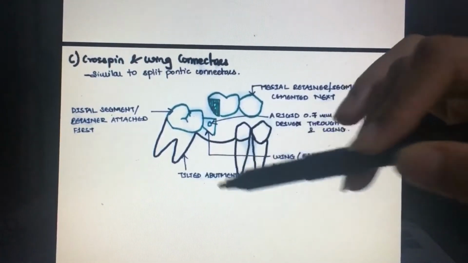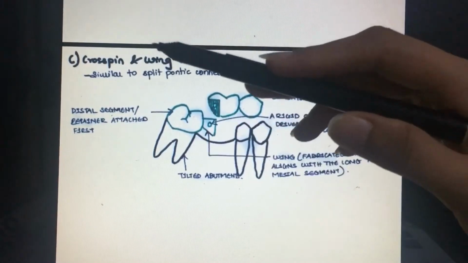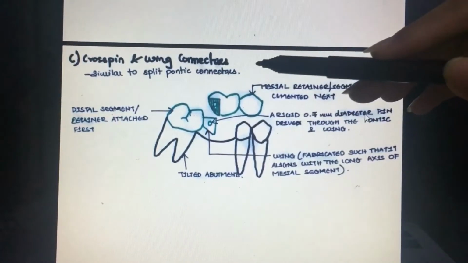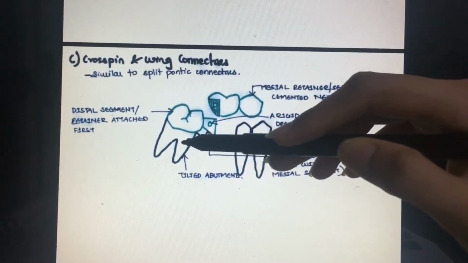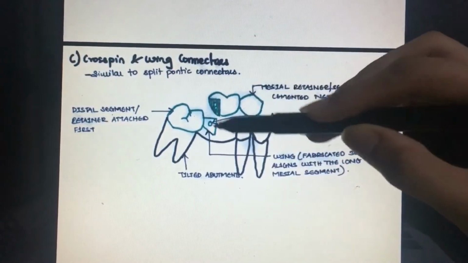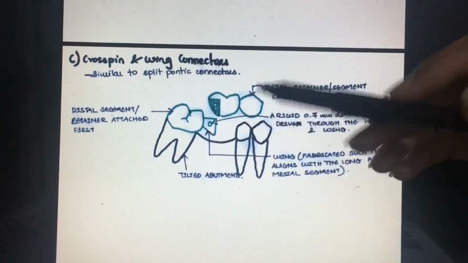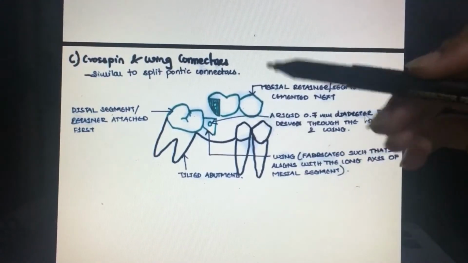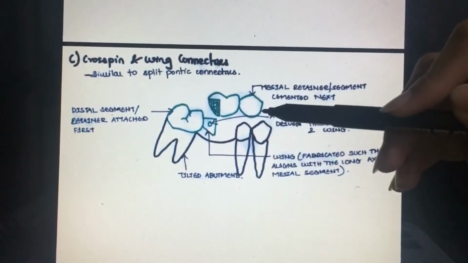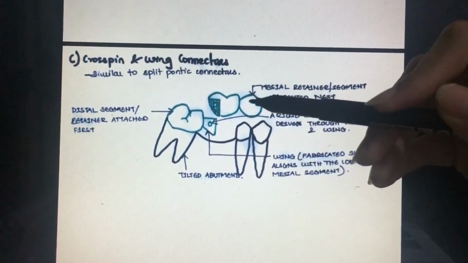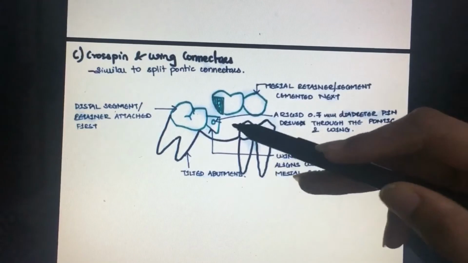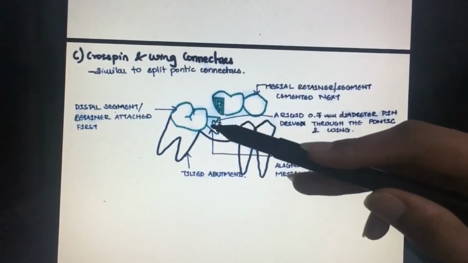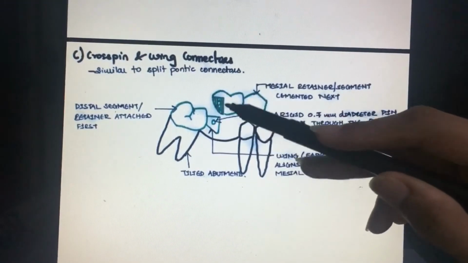This is an exception of crosspin and wing connectors, that the distal segment is cemented first to the abutment, whereas the mesial segment is cemented secondly. Whereas in the other two cases, the tenon mortise connector and the split pontic connector, we cement the mesial segment first. Also, you can see over here that there is a hole in the wing and in the pontic.